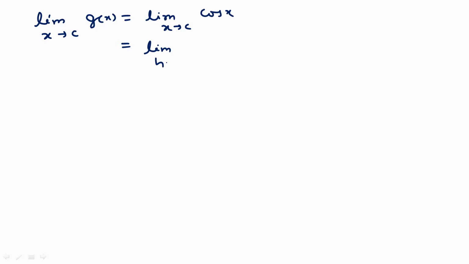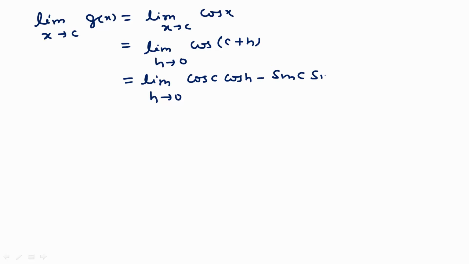Now limit x tends to c, g(x) is equal to limit x tends to c cos x, and this will be equal to limit h tending to 0 cos(c plus h), and cos(c plus h) is equal to cos c cos h minus sin c sin h.